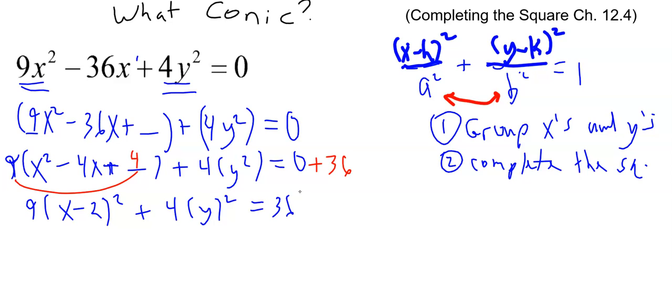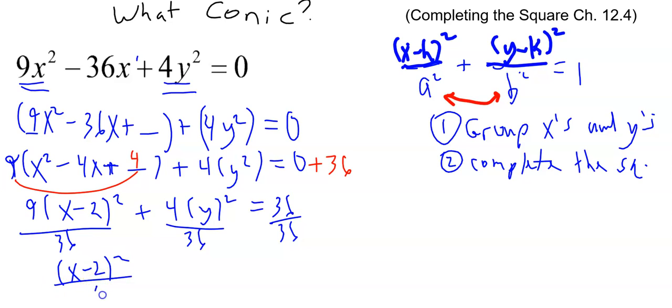Now, to get this equation to equal 1 on the right-hand side, we need to divide every term by 36. This actually works out really nicely. So the first term will be, when you simplify, x minus 2 quantity squared over 4 plus y minus 0 squared, or just y squared over 9, equals 1.